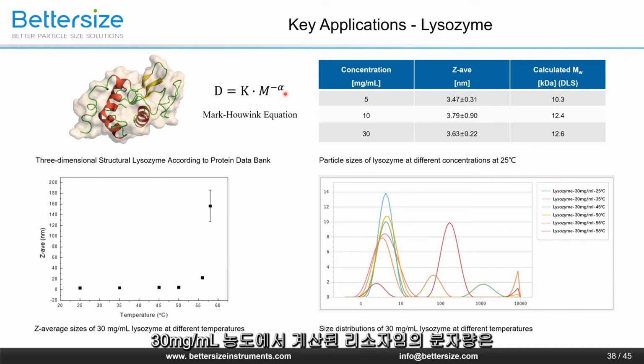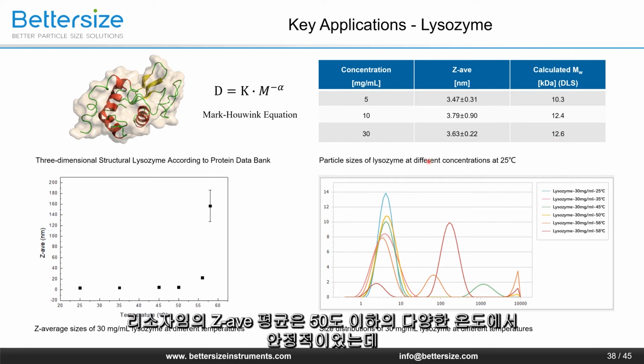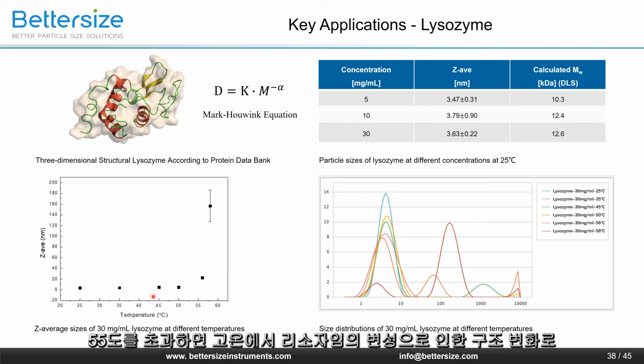It can be seen that the calculated molecular weight of lysozyme at the concentration of 30 mg per milliliter was very close to the literature value, which is 14.5 kilodaltons.